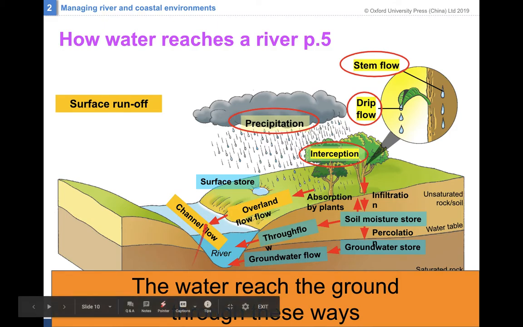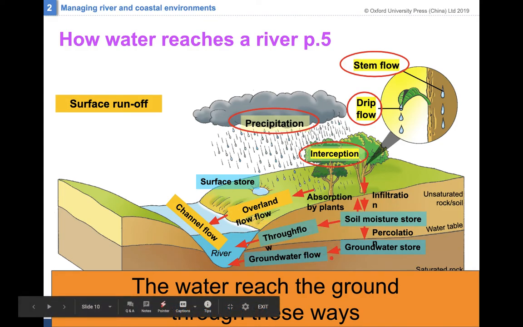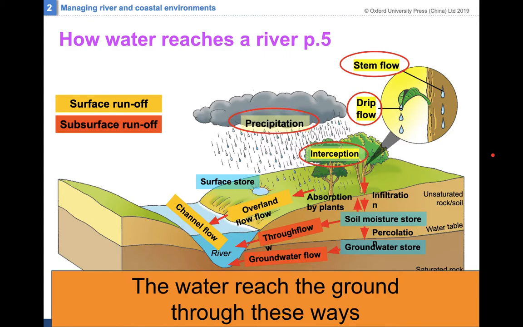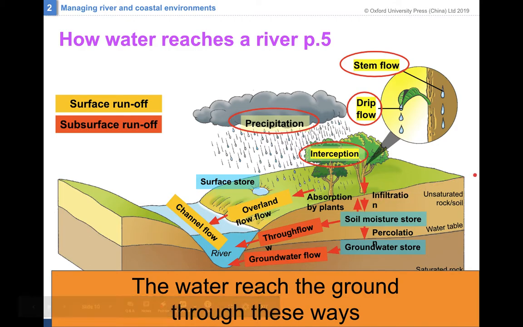So the water could go back to the water body through overland flow, through flow, and also the groundwater flow. And because through flow and the groundwater flow are under the surface, we call it the subsurface runoff.